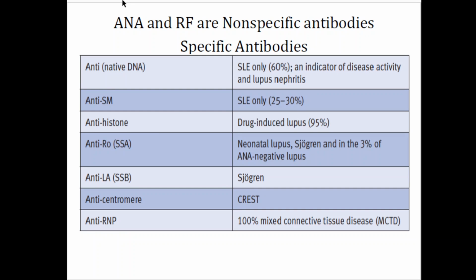See, anti-nuclear antibody and rheumatoid factor are non-specific antibodies, meaning they are present in many autoimmune diseases. So what we need to do in this case is look for the specific antibodies.